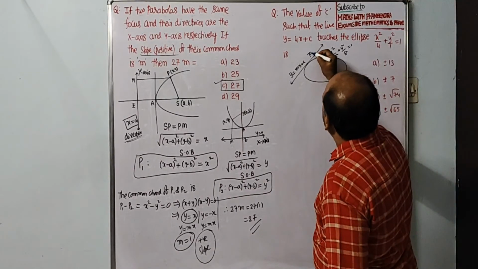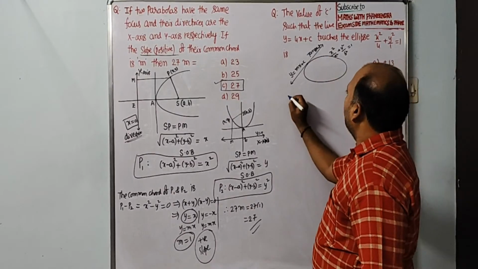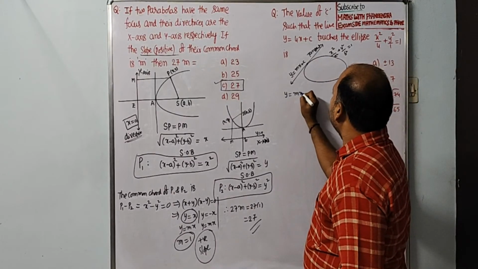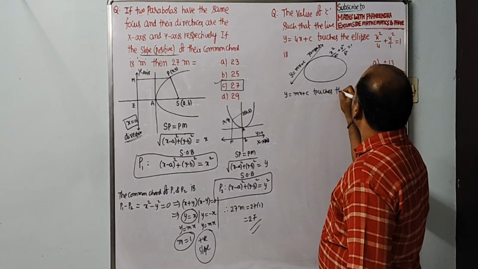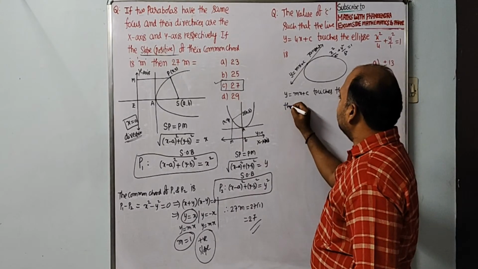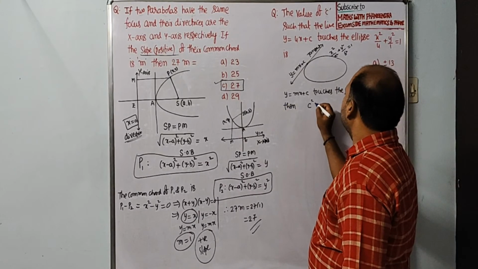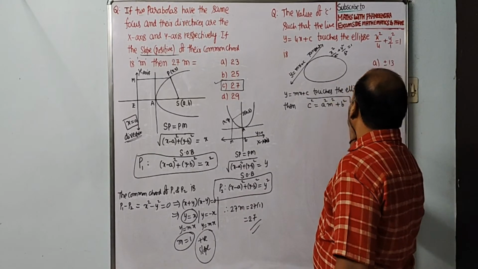Tangent equation touches means, dear students, if y is equal to mx plus c touches the ellipse, then the condition is c square equal to a square m square plus b square.